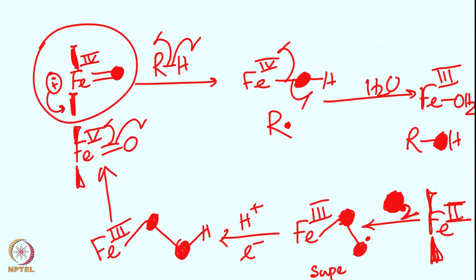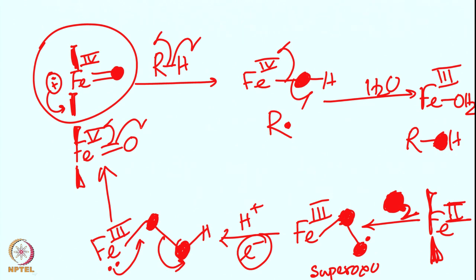This superoxo abstracts a hydrogen atom or picks up a proton and electron from the system. The electron comes from, let us say, the iron sulfur cluster we were discussing a moment ago. It forms first an iron 3 peroxo species, then gets protonated to give the iron 3 hydroperoxo intermediate.